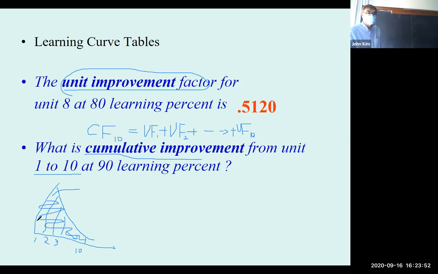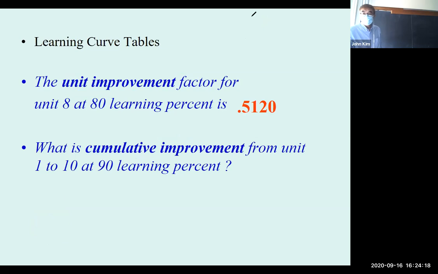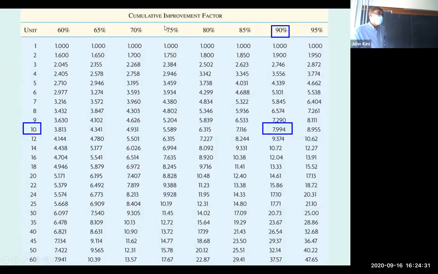This is the same as like this. The cumulative factor means if we are given a number like 10, then from 1 to 10 area, so unit factor 1, 2, 3, 4, 5, 6, 7, 8, 9, 10. Somehow like that. So that is the concept of unit factor and cumulative factor. So we can use the second table in your lecture note. The second chart is the cumulative improvement factor.